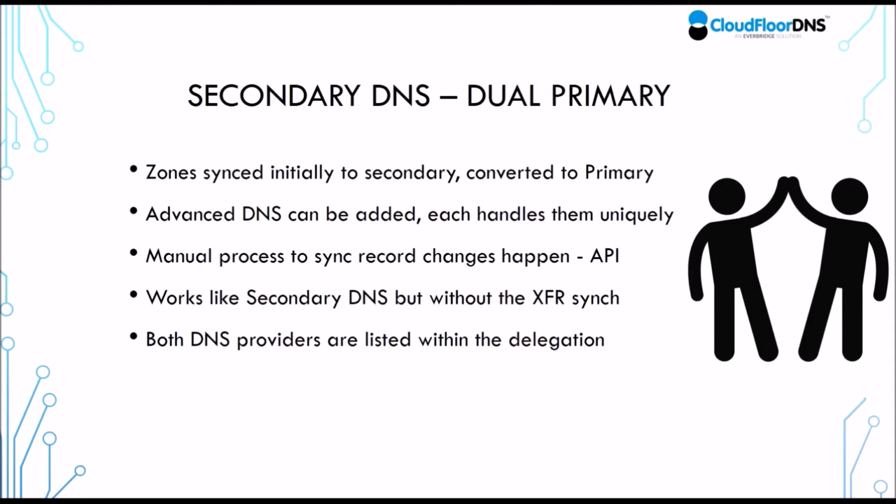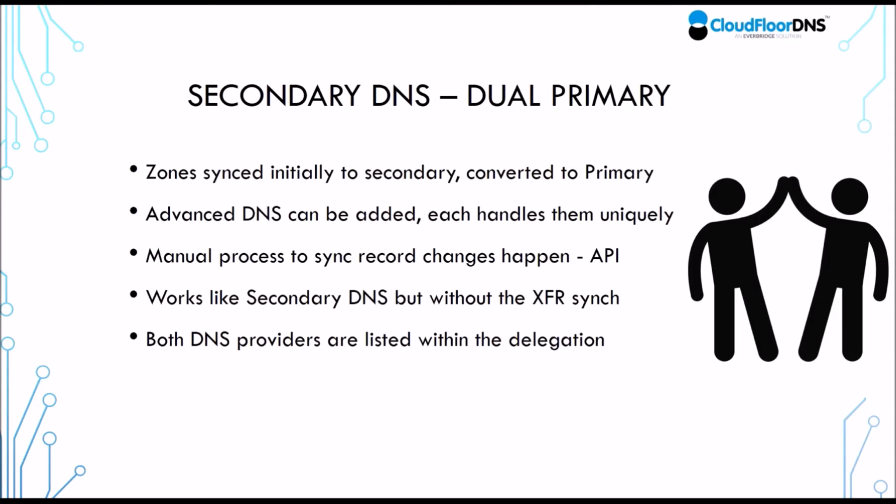And then, of course, there is secondary and/or dual primary. What this does is very similar to the dark secondary, but you actually initially sync with a secondary XFR, you convert it to primary, then you make sure you add in all the advanced DNS records, because each provider handles them separately. You manually process any other new record changes since then, because if you synchronize again, pretty much all the records will get overwritten, because synchronization only pulls core DNS records in.